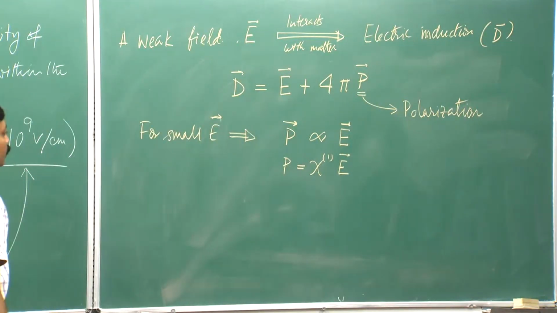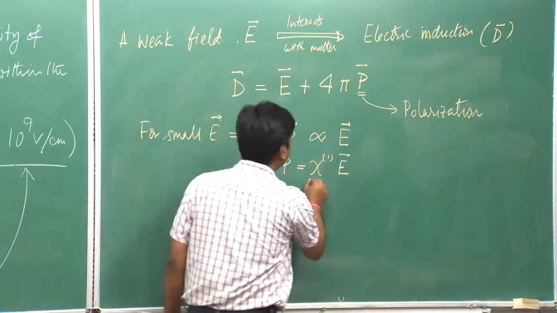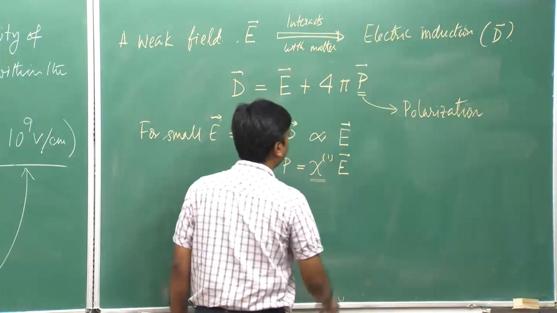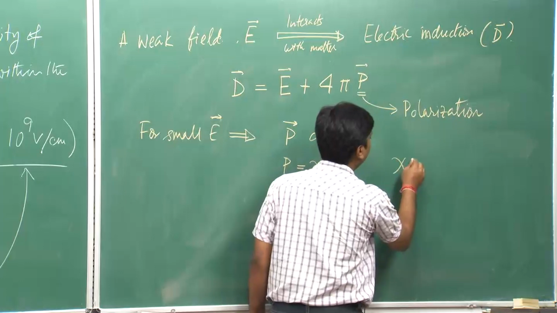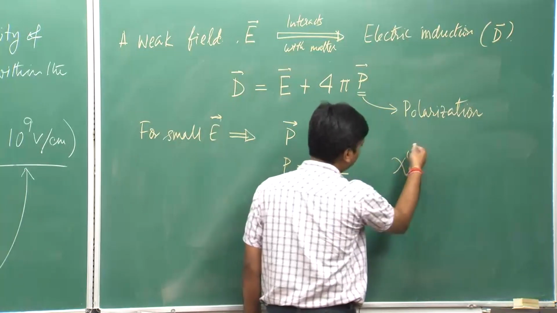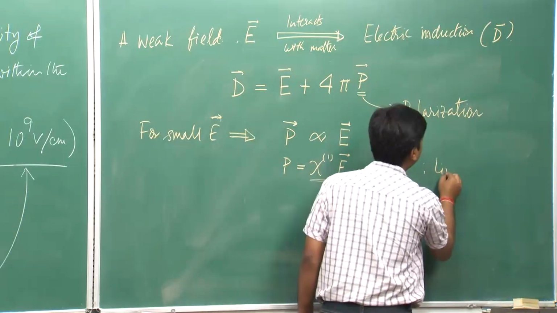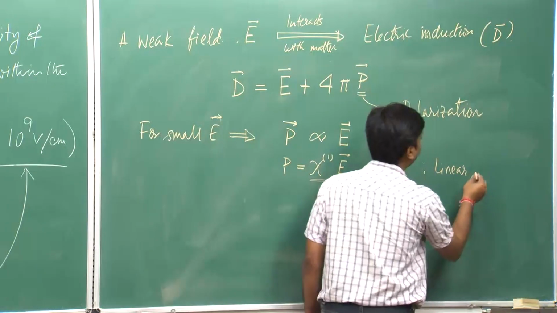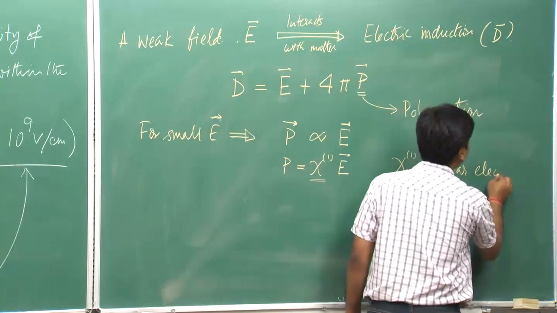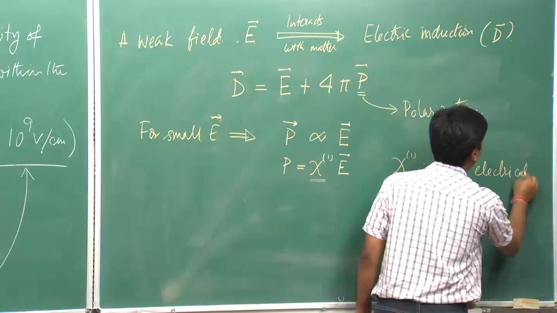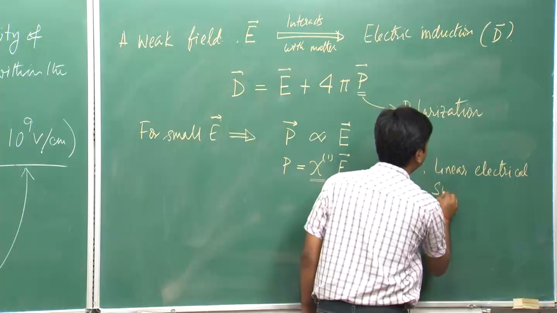This constant chi, let us call it chi 1, is known as the linear electrical susceptibility.